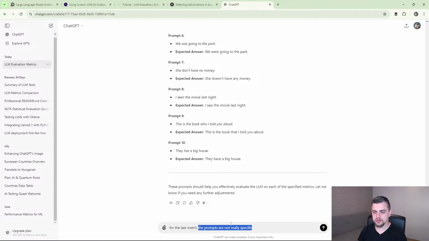For the last metric, the prompts will reveal the spell checking abilities of the given large language models.